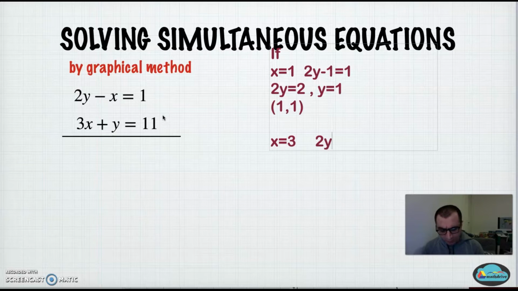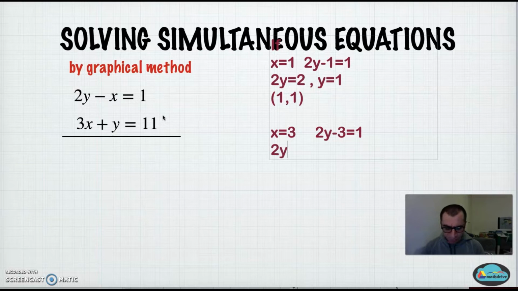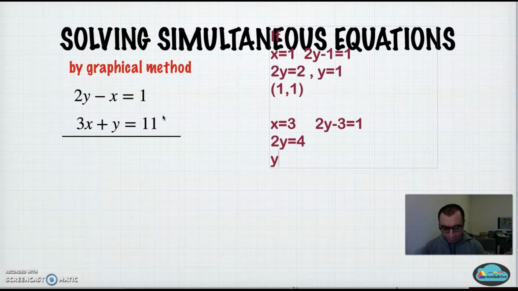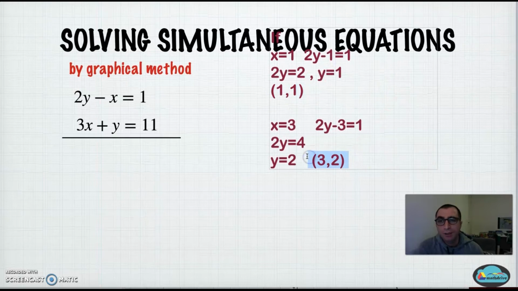So 2y minus 3 is equal to 1, and 2y is going to be equal to 4, and y is equal to 2 here. So I have x is equal to 3, y is equal to 2, another point.